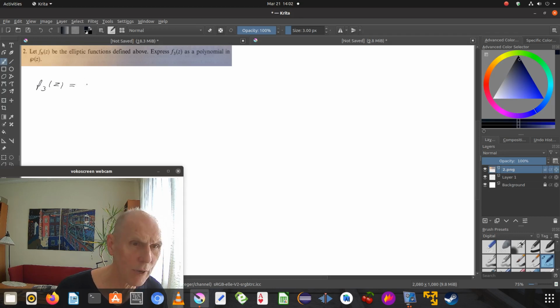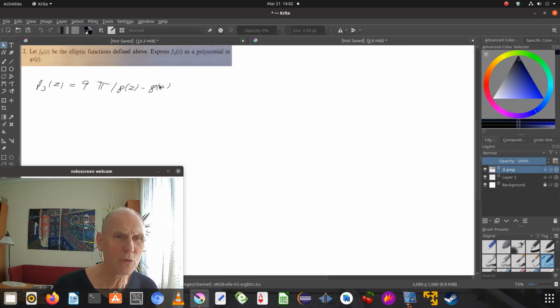It's n squared, 9 times the product of where u runs through the third values of a lattice.